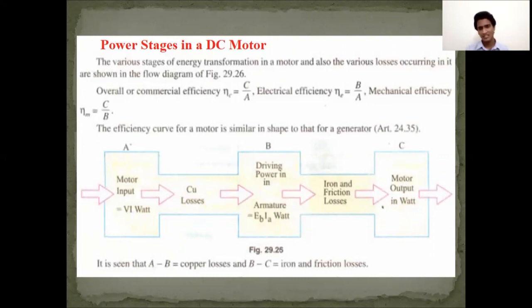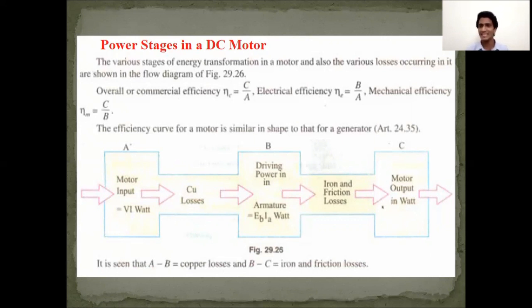Then when it develops mechanical power, if I connect my mechanical load to my armature through the shaft, what happens? There will be mechanical loss called frictional loss. Also there is bearing loss. Then along with the mechanical loss, which loss will also occur? Iron loss or core loss. Why?